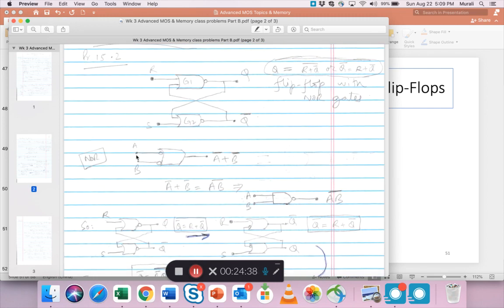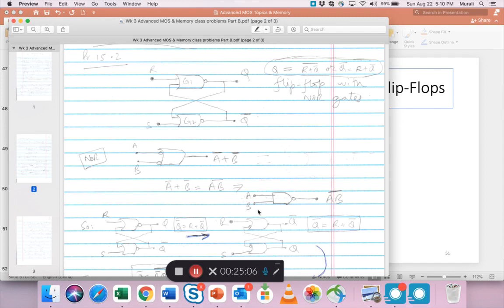Now another thing to note, we know that NOR and NANDs have some equivalence, right? What is that equivalence? So if this is your NOR and you have the two inverters here, that means if you take A and invert it and B and invert it and put it into a NOR, you get this A bar plus B bar. Now A bar plus B bar is also AB bar, right, by De Morgan's laws.